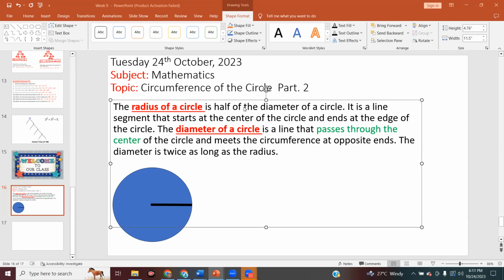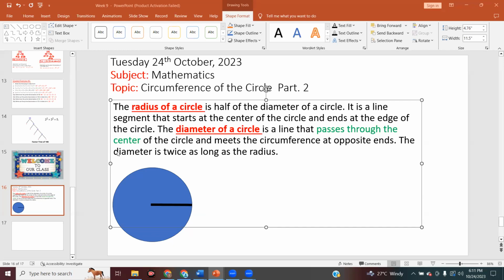Let's look inside the chat. Haley, Kikivet, Latavia, a lot of persons are saying it is the radius. Why do you say it's the radius? Because it's half the diameter of the circle. Very good. It starts at the center and goes to one end of the circumference, to the edge of the circle.